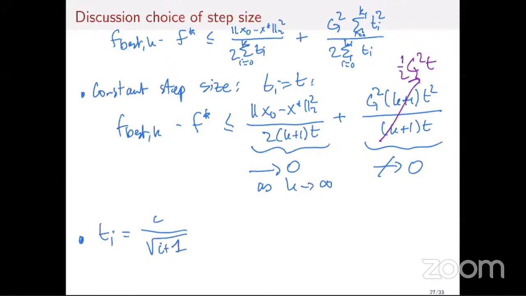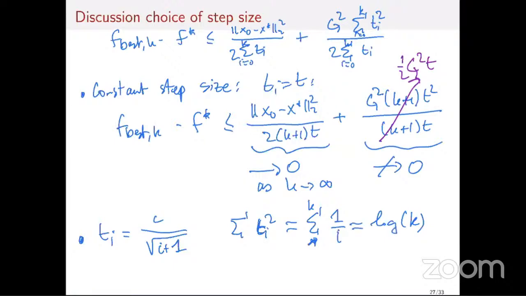Note that in this case, the sum of t_i squared is a harmonic sum. It is roughly the sum of 1 over i, a harmonic sum from 1 to k, and so this is roughly a logarithmic term in k.